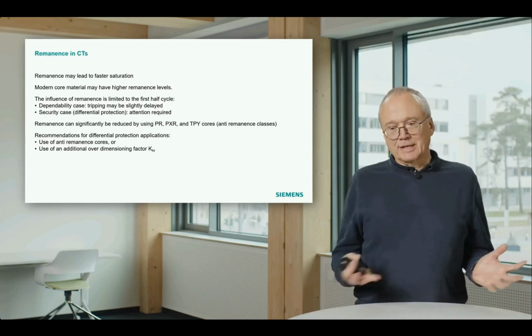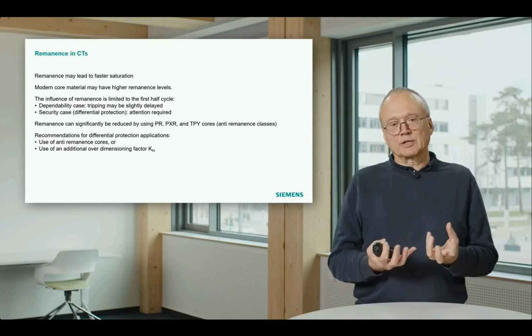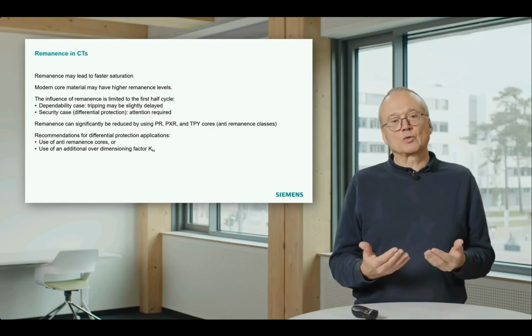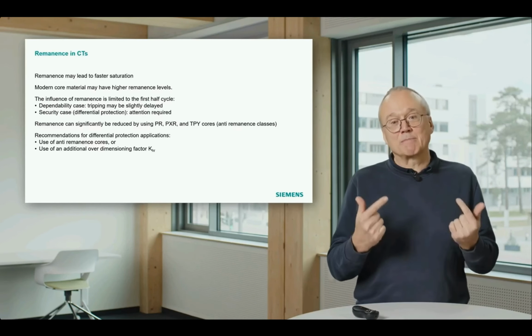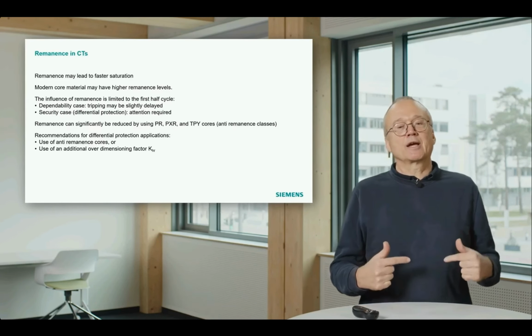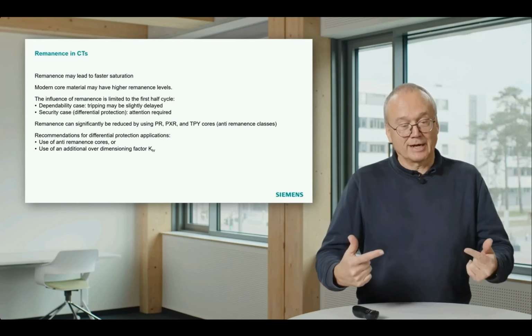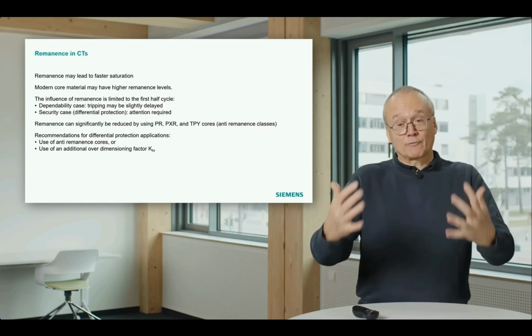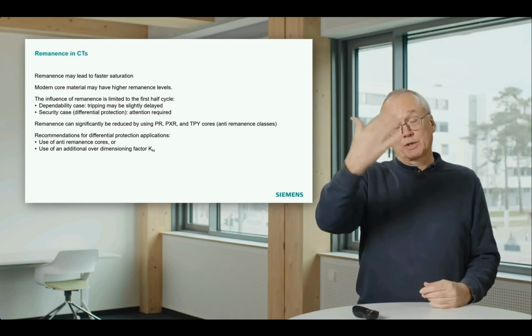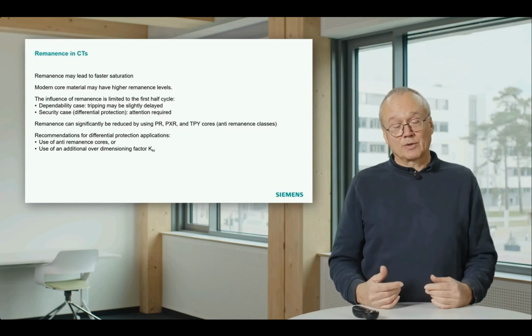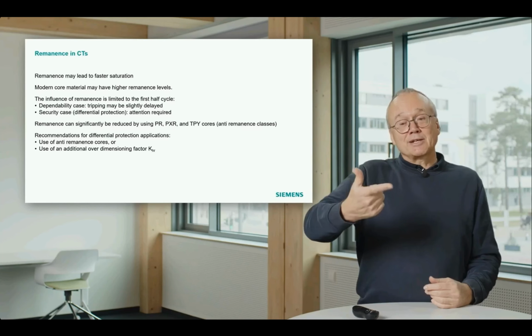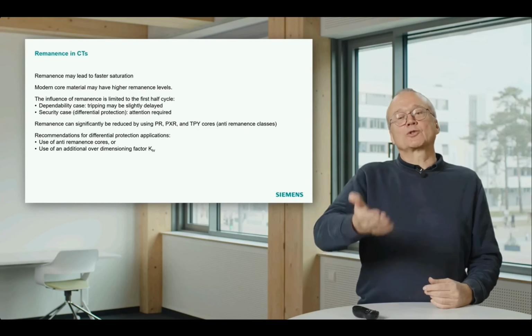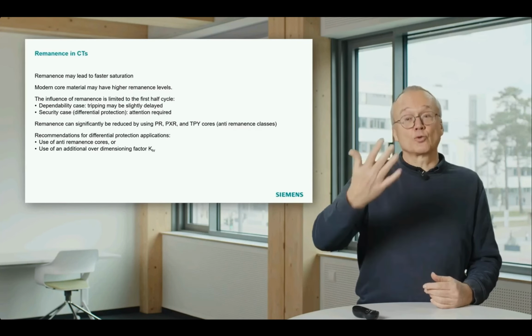Of course, that is a little bit a risk evaluation, because remanence may only make trouble if you have a high current, maximum short circuit current, if you have a high DC component, which increases the risk of saturation, and if you have a remanence, also a full remanence to the wrong side.